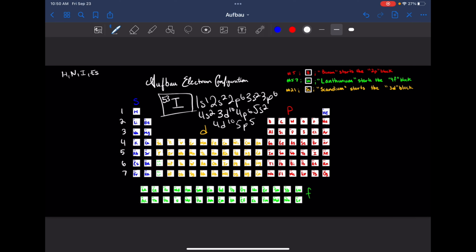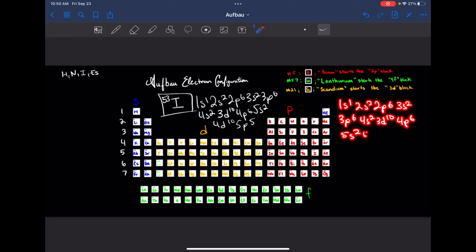So that's quite a long electron configuration. We have for this 1s1, 2s2, 2p6, 3s2, 3p6, 4s2, 3d10, 4p6, 5s2, 4d10, and 5p5. That is the entire electron configuration for our iodine right here.